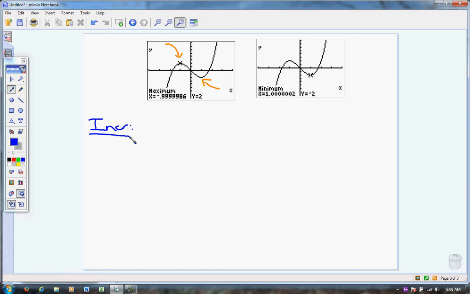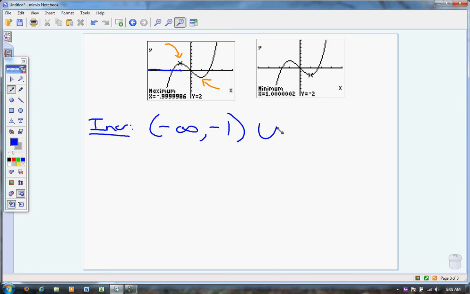What x values? Well, it's increasing from negative infinity clear up to that maximum right there. So it's increasing from negative infinity to, and we're going to round that to negative 1. And these are round brackets because it's not increasing right at negative 1. That's a maximum. Where else is it increasing?